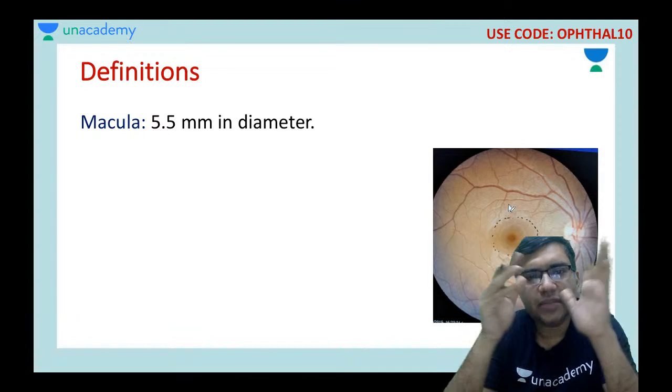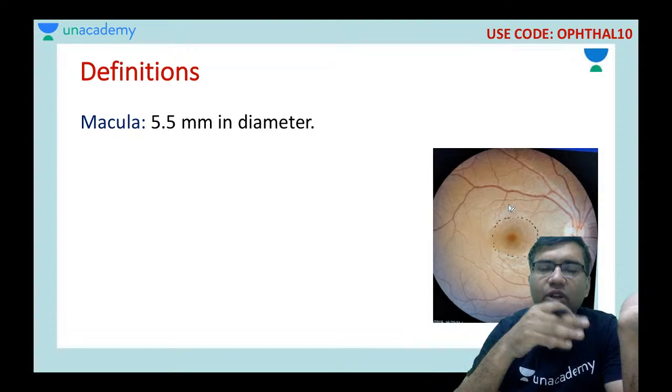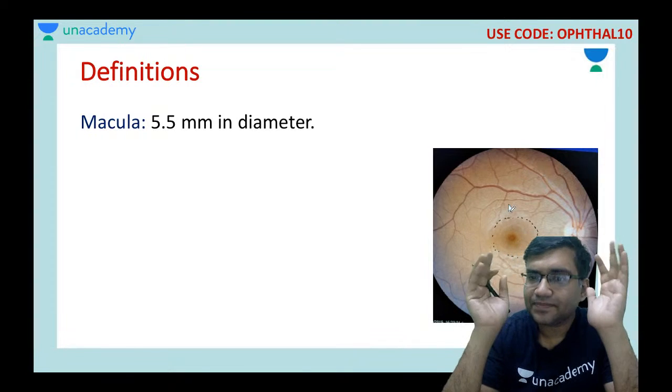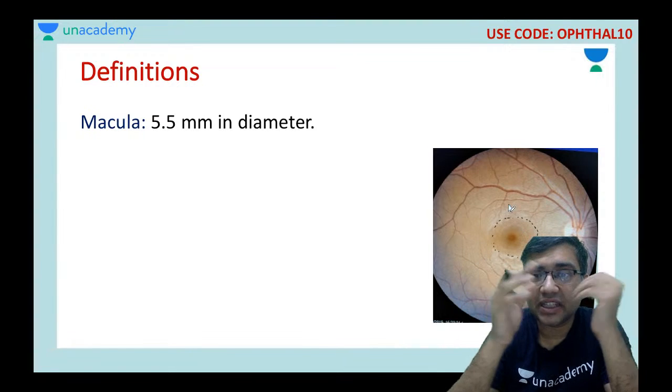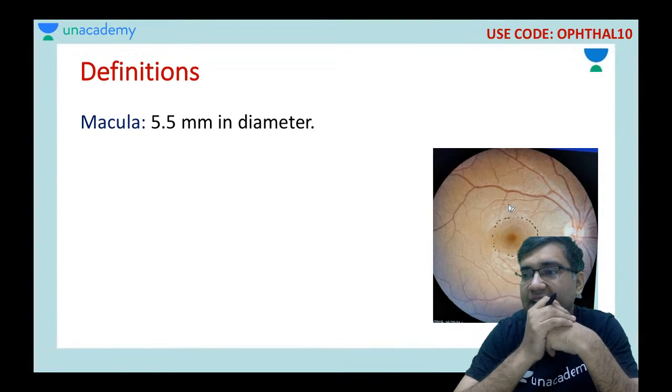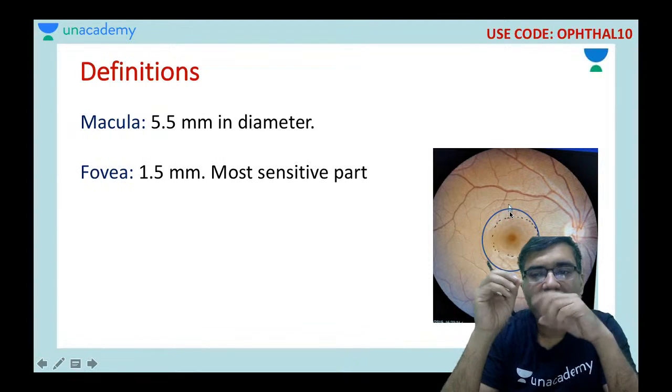So if you have a macular disorder, the patient would say, sir, I am not able to see the shapes clearly, मुझे कलर ठीक से नहीं दिखाई देते हैं. ठीक है.